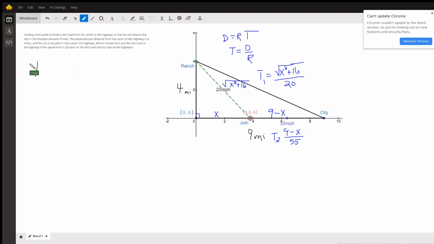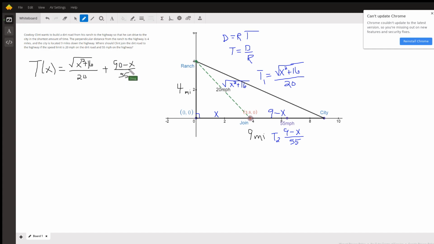So we could call that the time function T of x equals the square root of x squared plus 16, which when you're going to find the derivative, you'll write as x squared plus 16 to the 1/2, plus the time he spends driving straight along the highway.